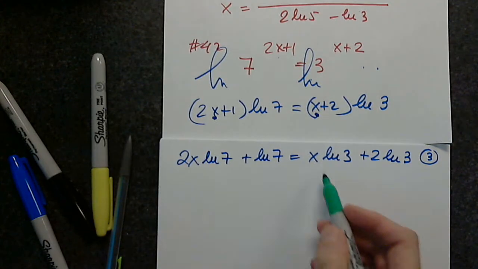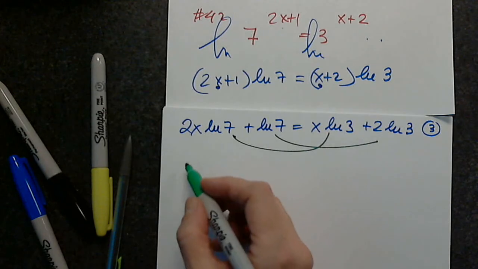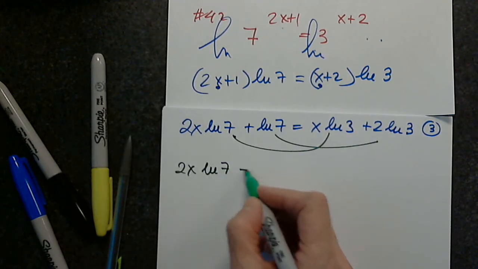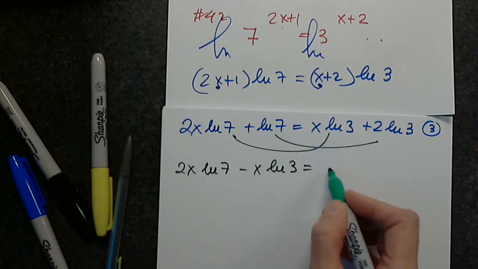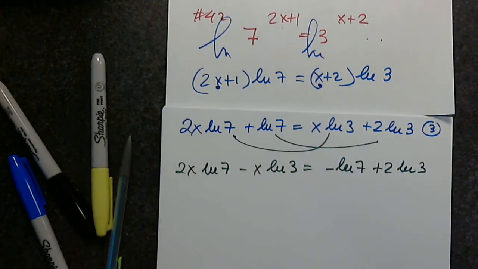Yes, x's have to be on the same side, natural log without x on the other. So 2x natural log 7 minus x natural log 3 equals negative natural log 7 plus 2 natural log 3. You could condense these, but there is no point. There is no need to condense them.